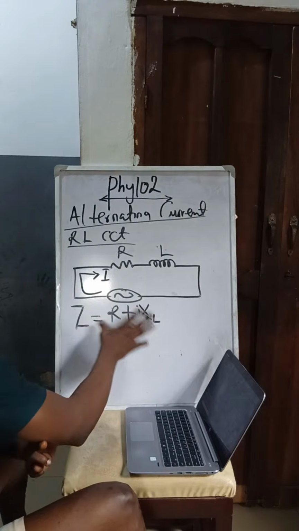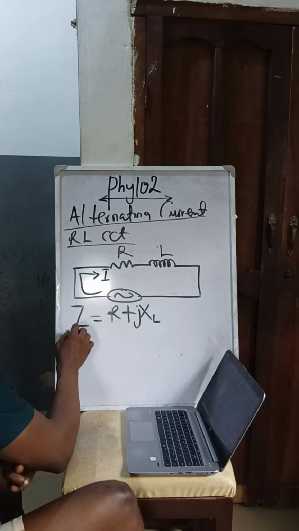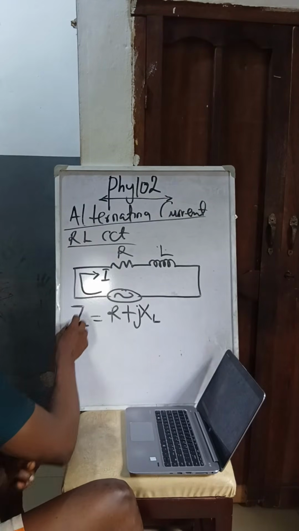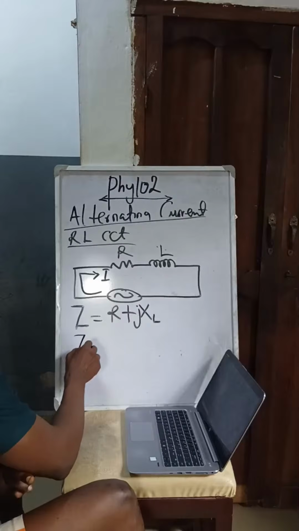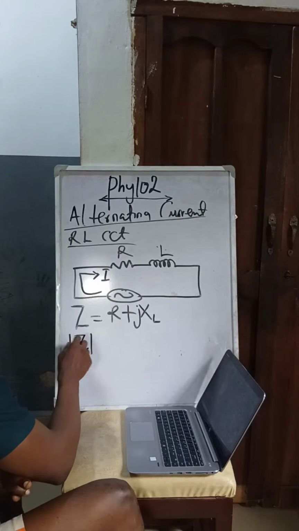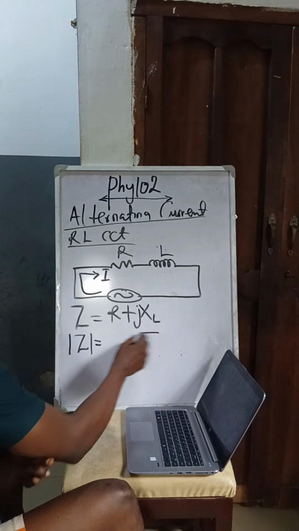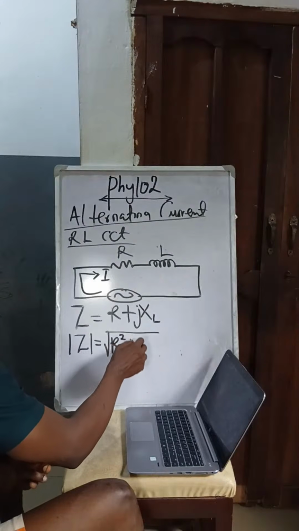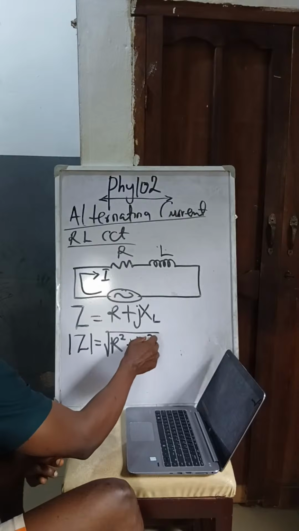As you can see, this is impedance. It is expressed in vector form. So we now have the magnitude, which is the square root of R squared plus XL squared.